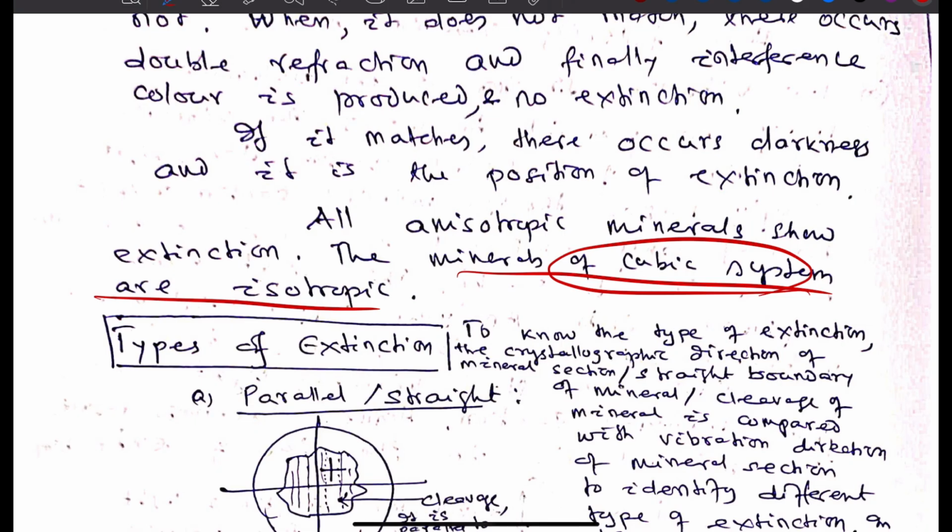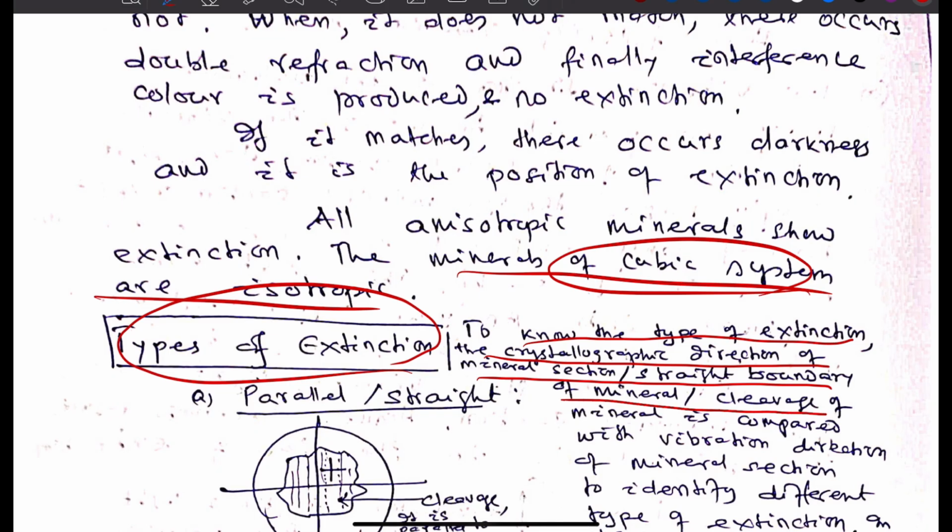Now we will discuss the different types of extinction. To know the type of extinction, the crystallographic direction of the mineral section, or straight boundary of the mineral, or cleavage of the mineral is compared with the vibration direction of the mineral section in order to identify the type of extinction.